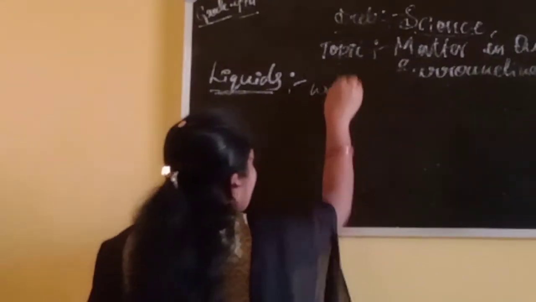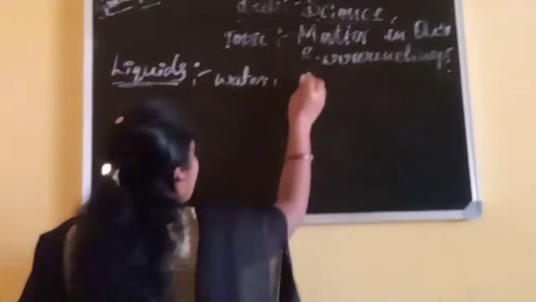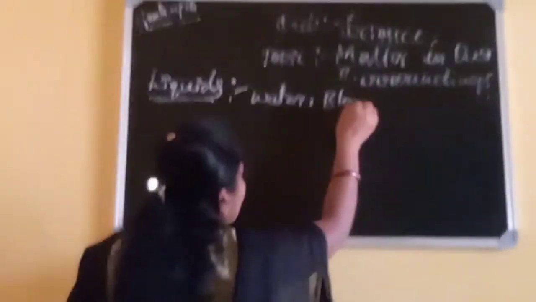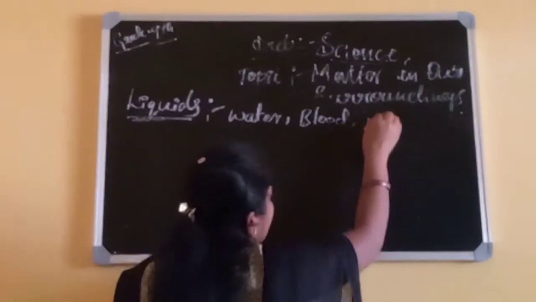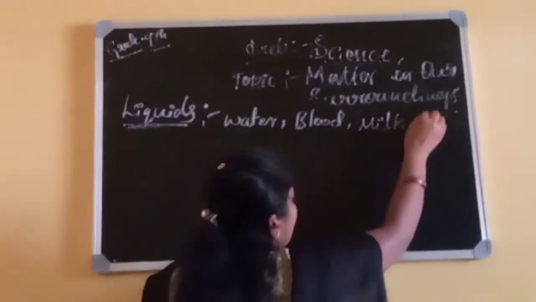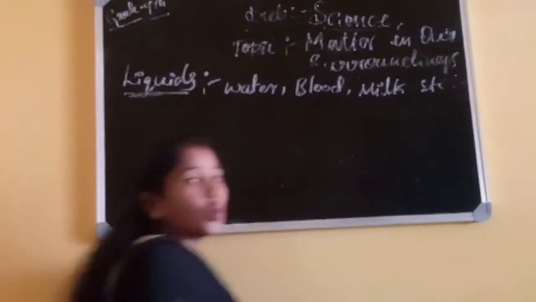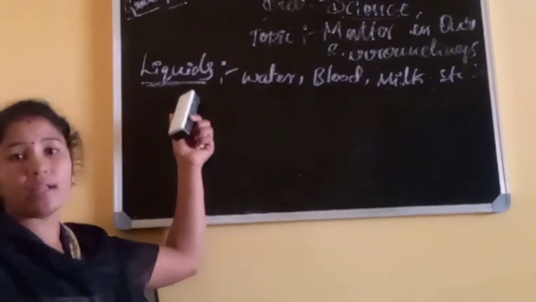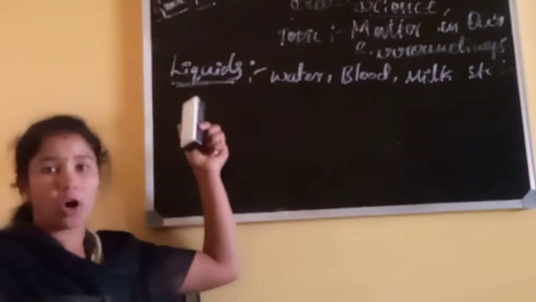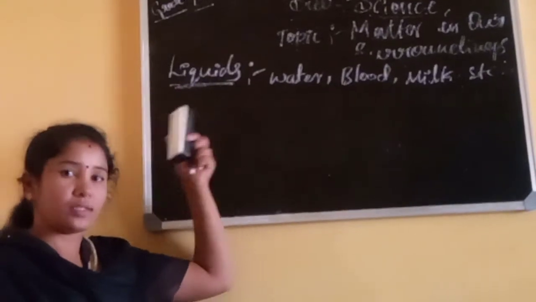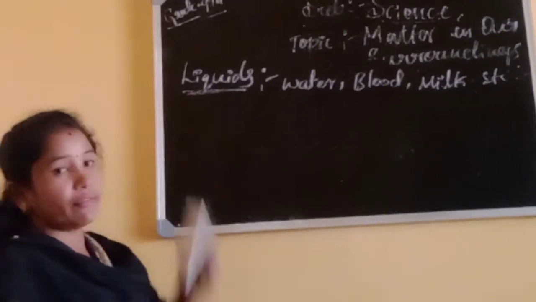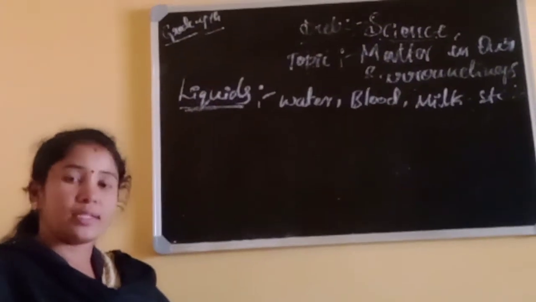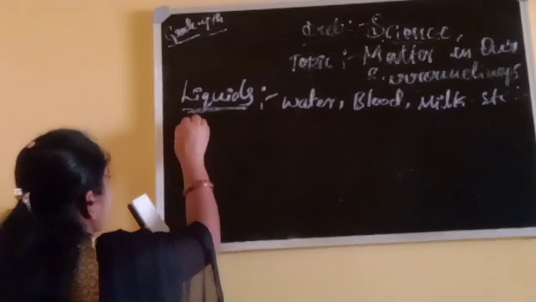Water, blood, milk, juice, cool drinks, coffee, tea. These all are examples for liquids. Some oils, cooking oil, some other oils are also examples for liquids. Now let's see properties.